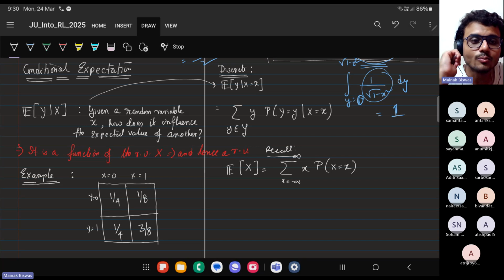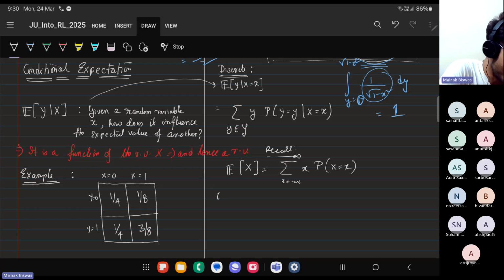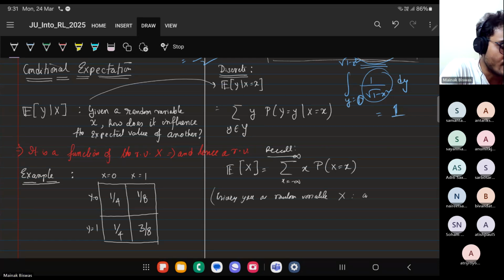Now I am giving you a random variable x. Please find the expectation of another random variable y if x is known.